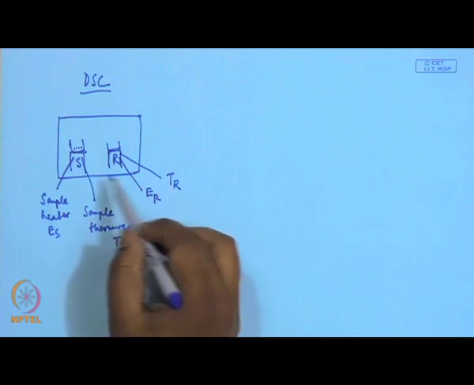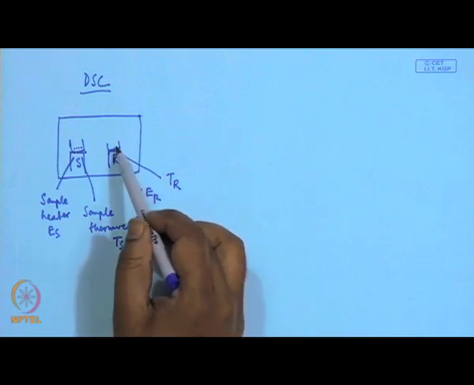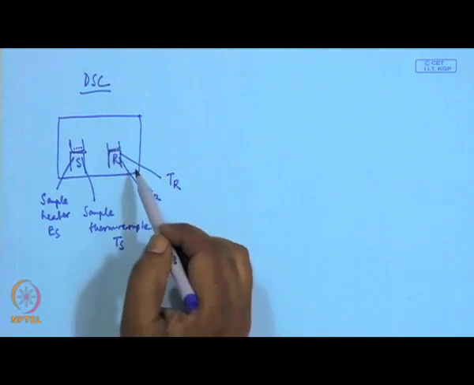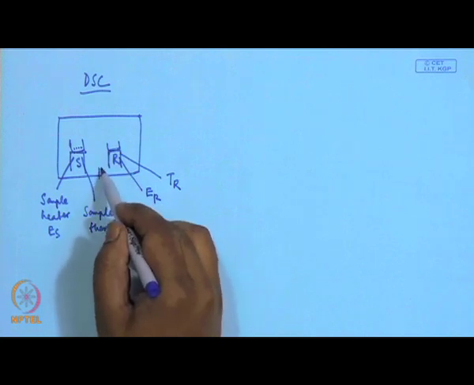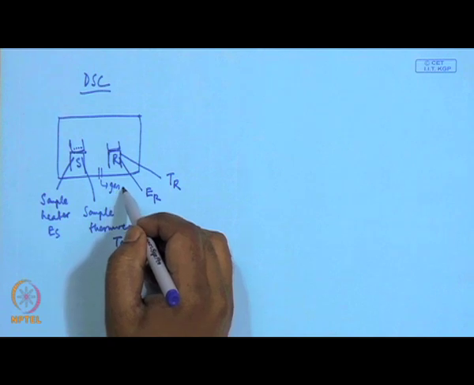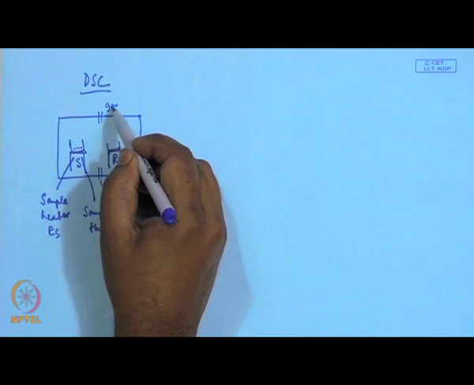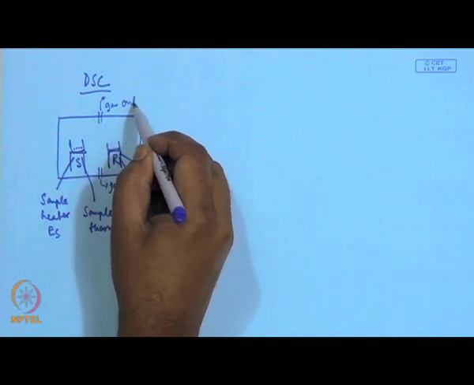The sample thermocouple determines the temperature of the sample and the T_R thermocouple determines the temperature of the reference. There is a gas inlet. Typically, we do experiments in an inert atmosphere. So, there is a gas inlet and a gas outlet.